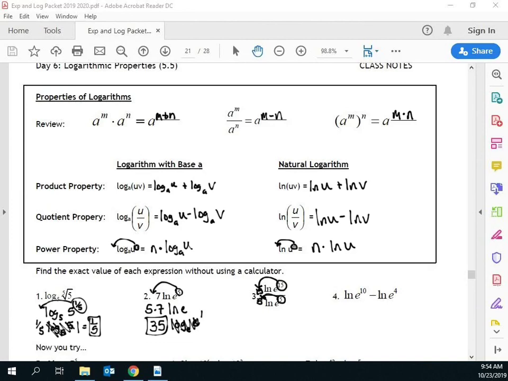If an argument's raised to a power, move it to the front first. What's natural log of e, guys? 1. So really all you're left with is what, guys? 15 divided by 5.